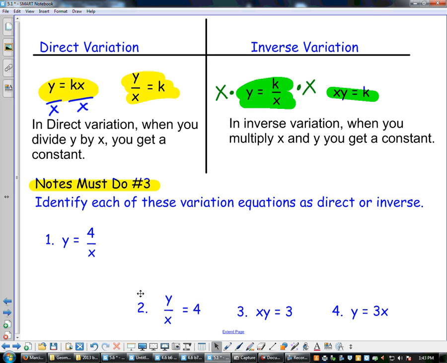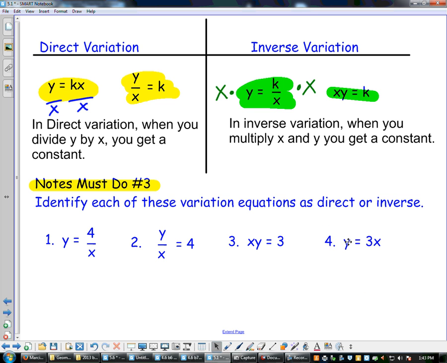Simple, right? And number 2, y divided by x equals 4. Is that direct or inverse? Number 3, x times y equals 3. Is that direct or inverse? And number 4, y equals 3 times x. Is that direct or inverse? When you're done with that, please continue this lesson.